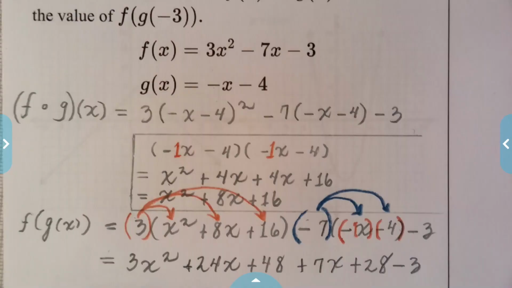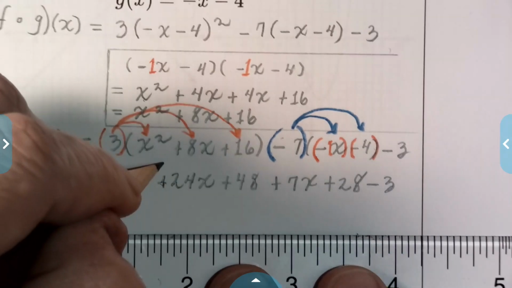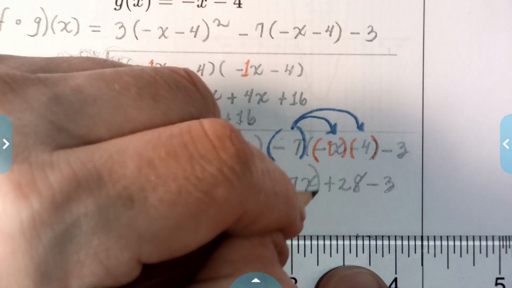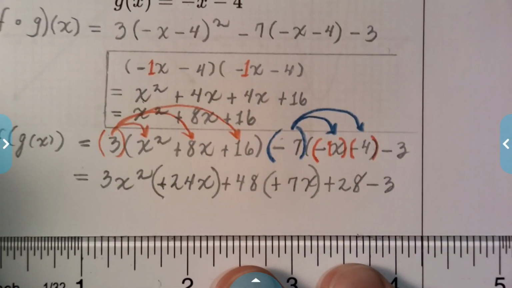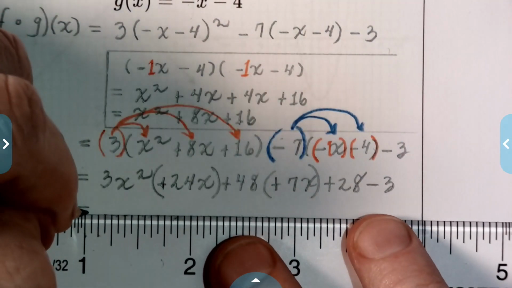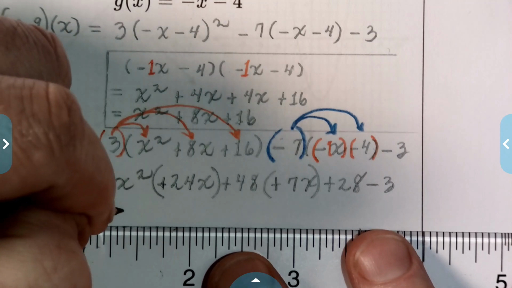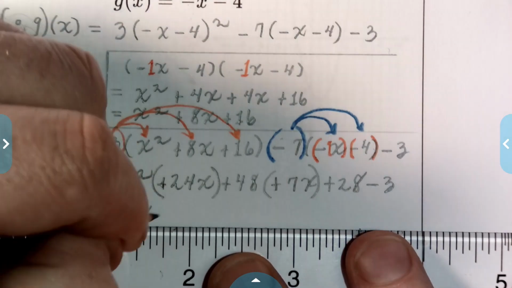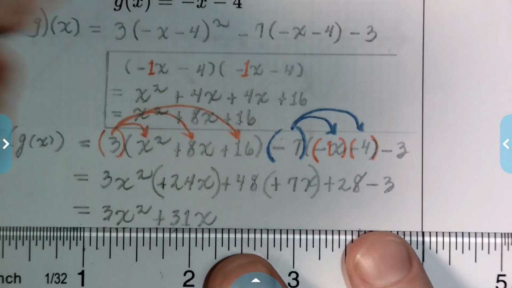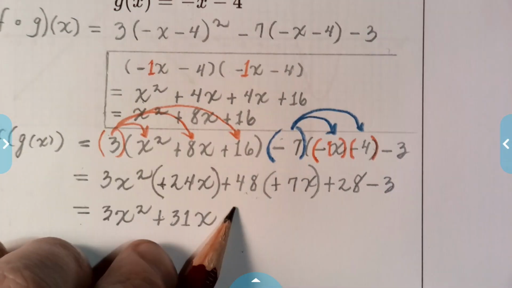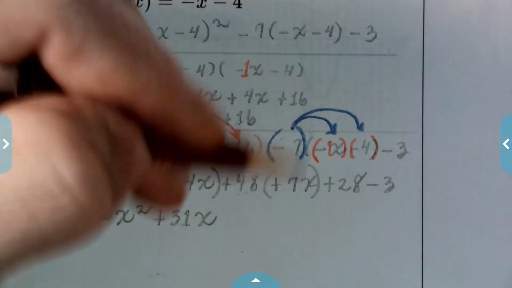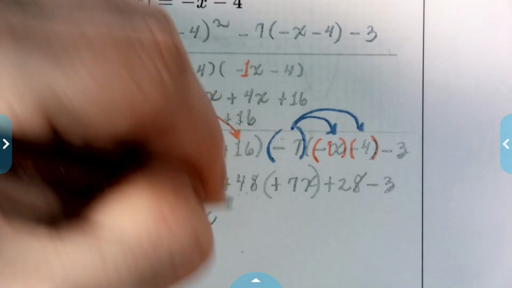Okay. So there are terms that we can combine. I've got 24x here and 7x here. So that would give me 31x. So let's see here. I got 3x squared plus 31x. And then 48 plus 28, that's going to be 16 plus 60, would be 78. Minus 3 would be 75. So plus 75.